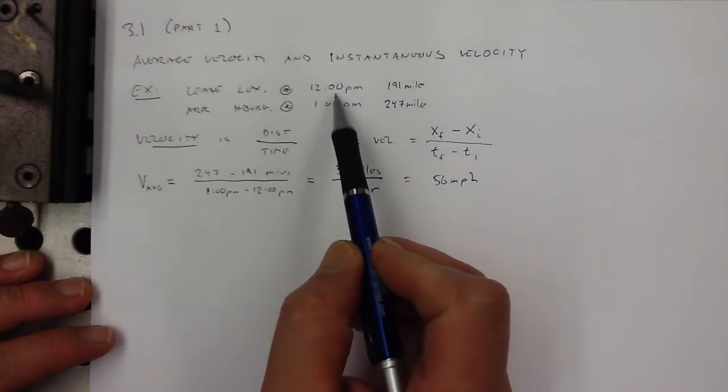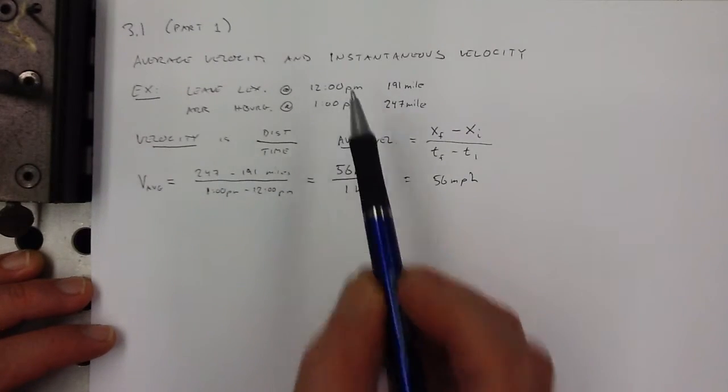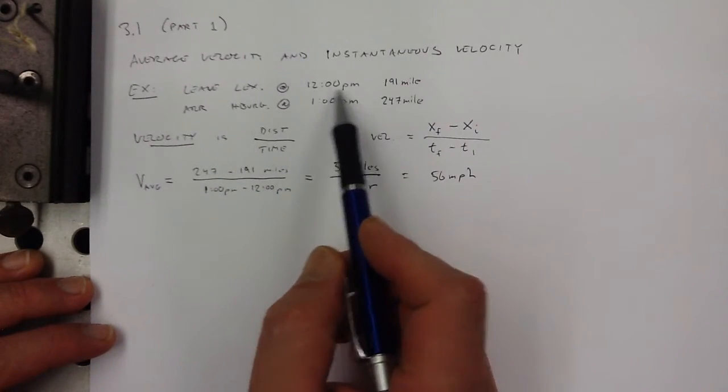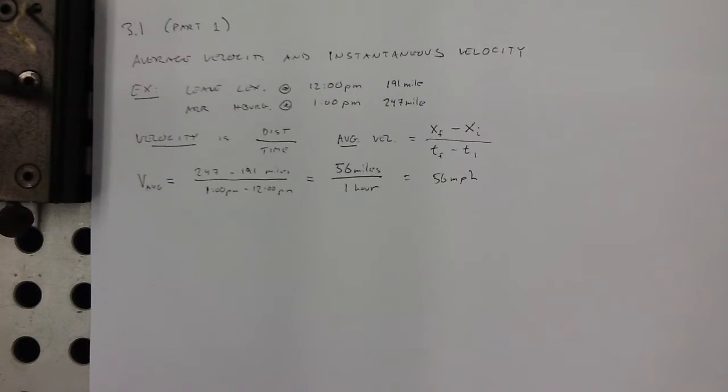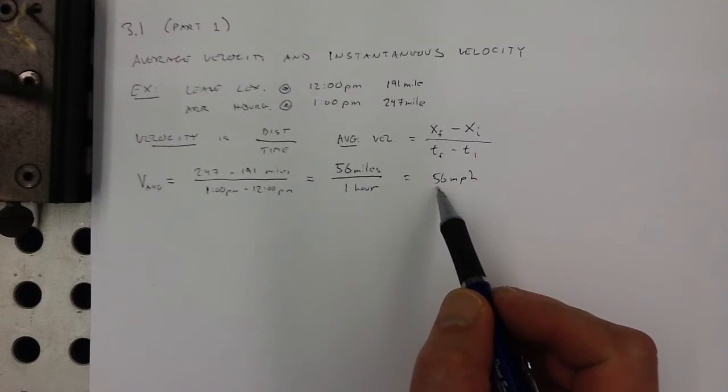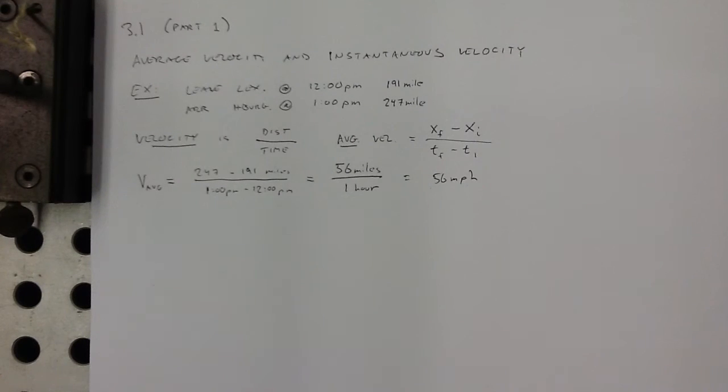You could have been going 56 miles per hour right there, but you could have been going faster then, or slower, right? You could have hit a little bit of traffic right at that moment, or you could have been speeding right at that moment. Who knows? So we could probably guess that the speed wasn't exactly 56 miles per hour the entire time. It probably fluctuated. Sometimes it was higher, sometimes it was lower.